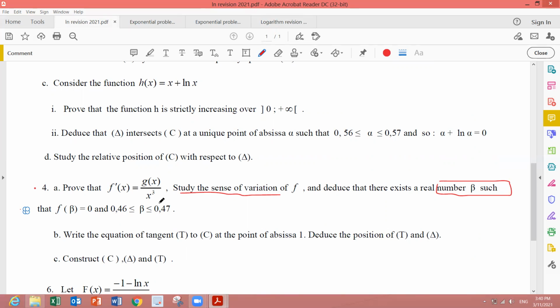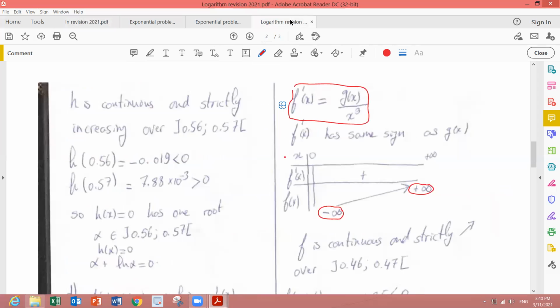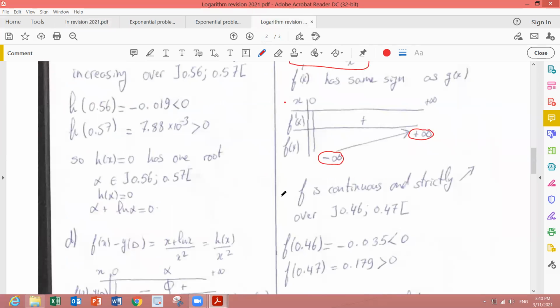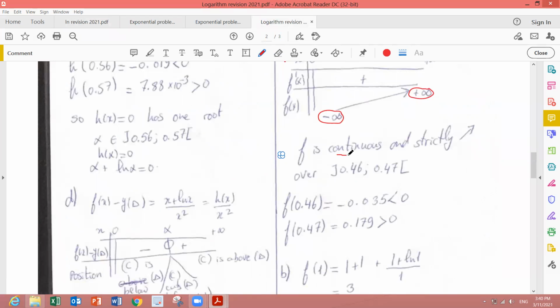It is easy, this one. F is continuous and strictly increasing, and we determine f of 0.46 and f of 0.47. So here, f is continuous and strictly increasing, it is proved, over 0.46, 0.47.